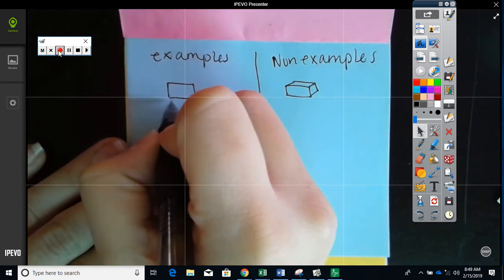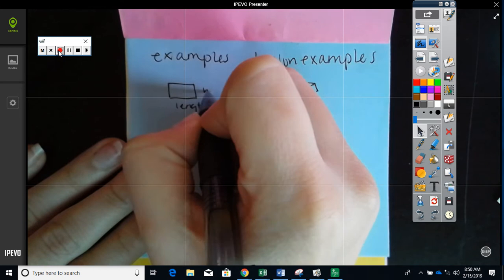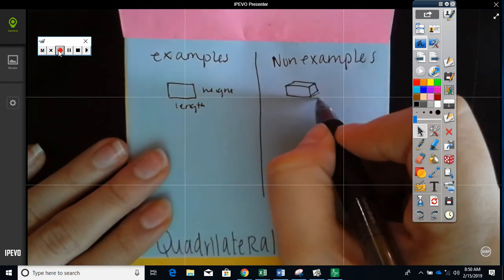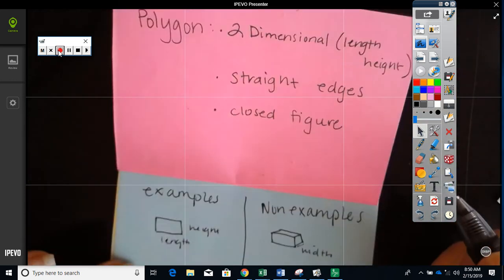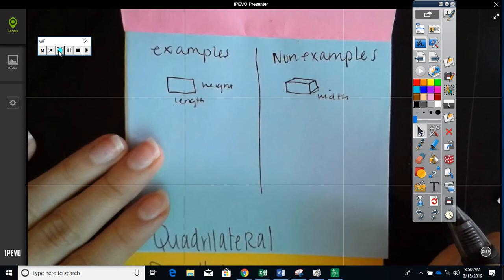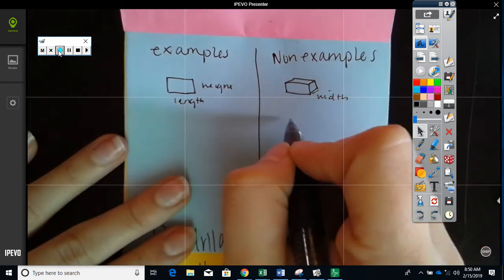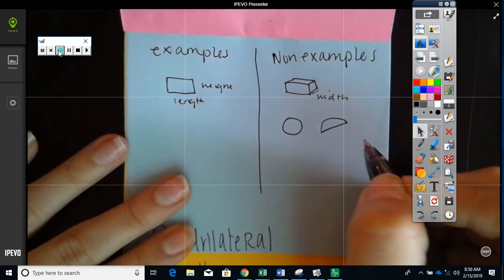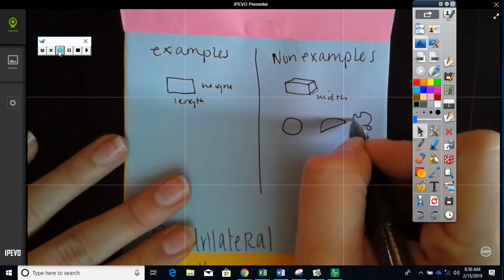It's only supposed to have a length and a height, but it's not supposed to have the width. It can't be a circle, can't be anything curved. Can't be anything like that.